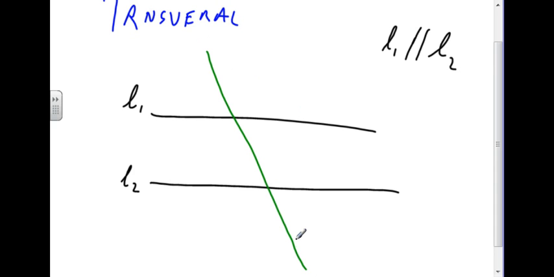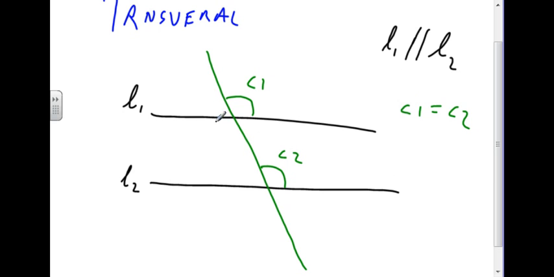Now, in that case, alternate angles are equal. So this is angle 1, this is angle 2. Angle 1 is equal to angle 2.